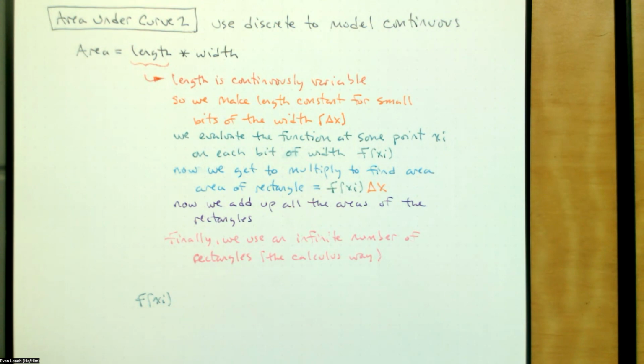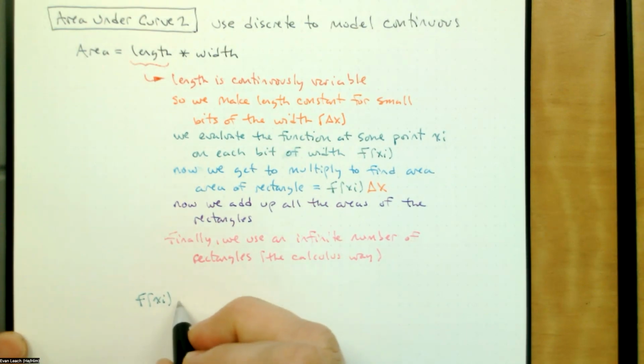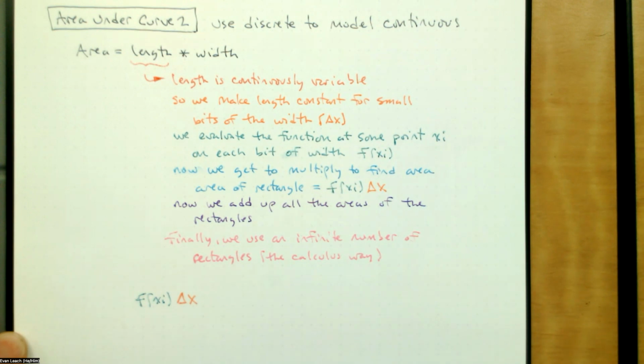That's the indication right there that we are working with a discrete model because I have indexed my x values. Here's x1, x2, x3, x4, all the way up to x sub n. I've got an indexed set. An indexed set is going to be a discrete set because we can number them all. There's my length. I'm going to multiply it by width. And that's the area of one rectangle.